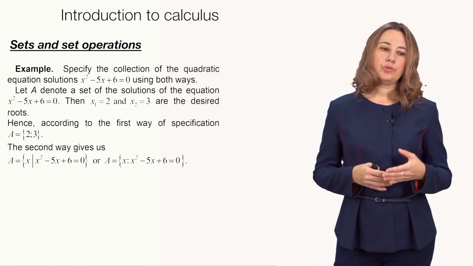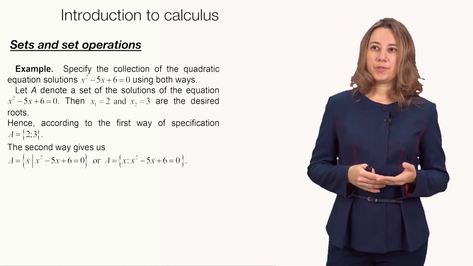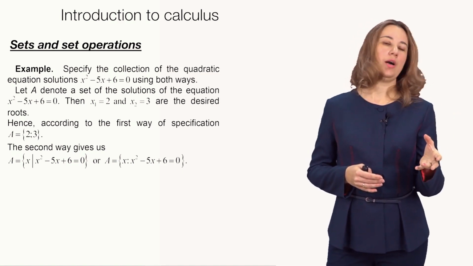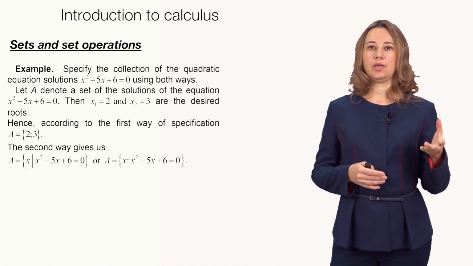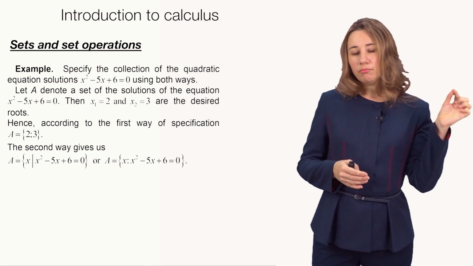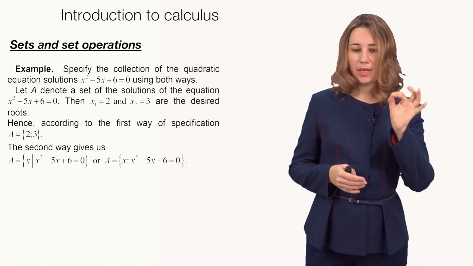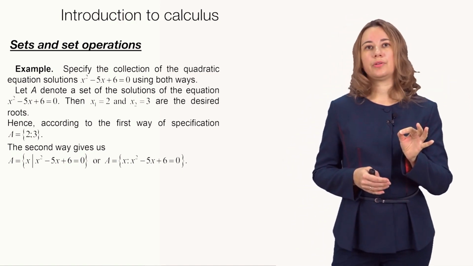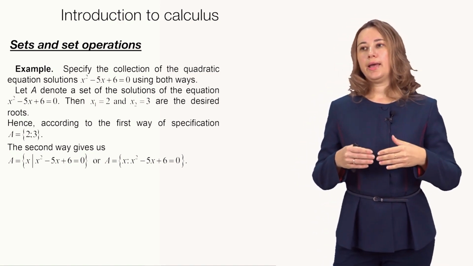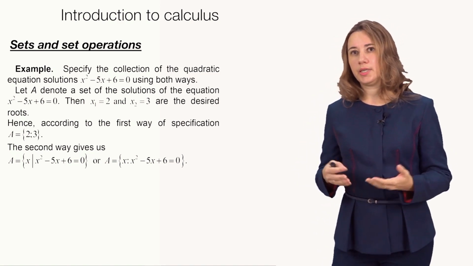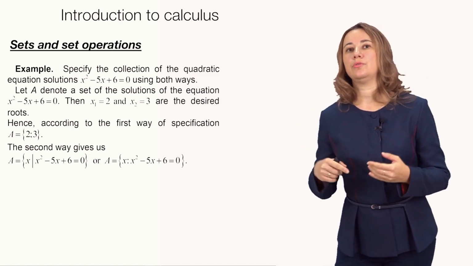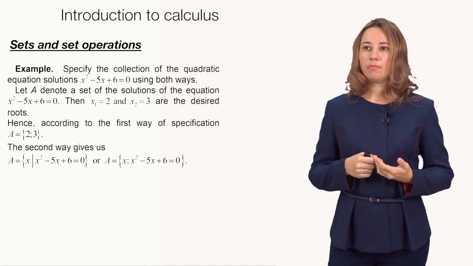So, according to the first way of specification, we should put a letter used for a considered set, in our case capital A, then write the equality sign, then put the opening curly bracket, and then list all elements that are in our set, and then put the closing curly bracket.